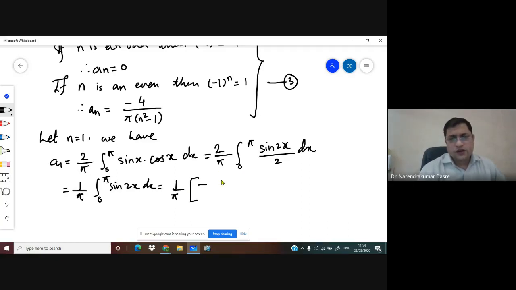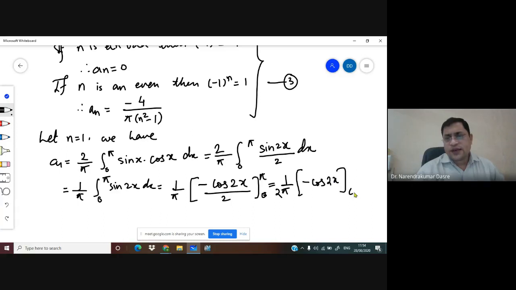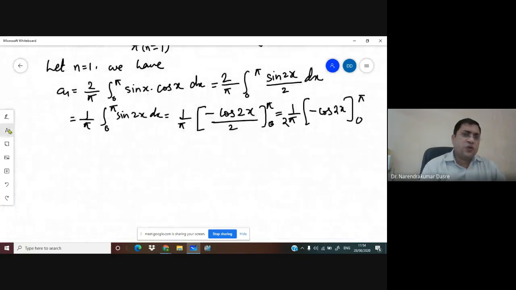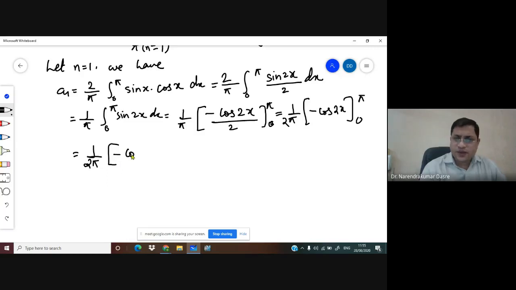So we get here 1 upon pi. What is the value we have here? So this is cos of 2x minus cos of 2x by 2, and this is 0 to pi. So we have 1 upon 2 pi minus cos of 2x, and we have to apply the limit 0 to pi. Now let us simplify this. So we have 1 upon 2 pi. Now this is minus cos of 2 pi.